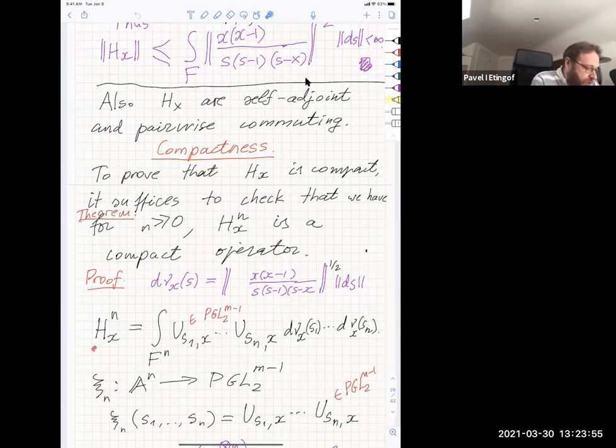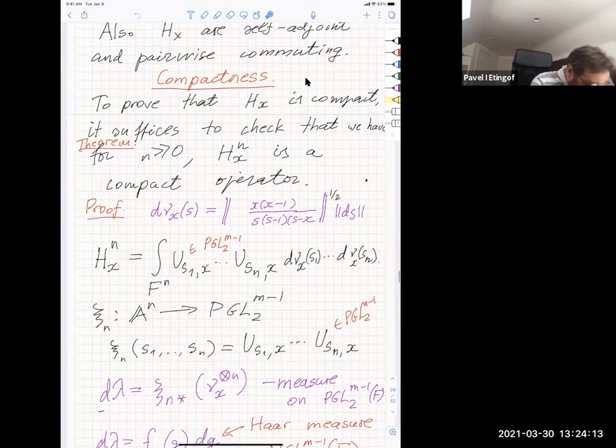And so then h_x to the n is the integral over F to the n of u_{s1,x} up to u_{sn,x}, a non-commutative product in general, dν_x(s1), and so on, dν_x(sn). These things should be thought of as elements of the group SL2, depending on s.